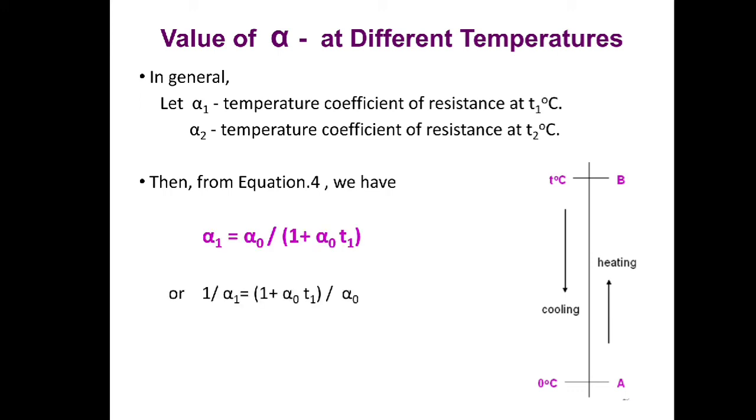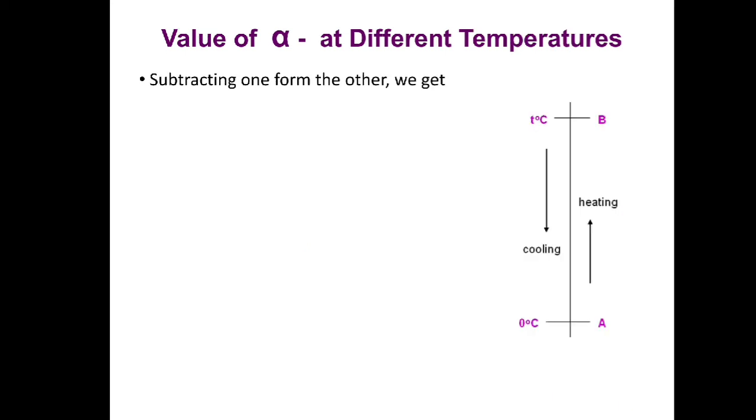From the above equation 4, we have alpha_1 is equal to alpha_0 divided by (1 + alpha_0 into T1), or inverse of this, 1 by alpha_1 is equal to (1 + alpha_0 into T1) divided by alpha_0. Similarly, 1 by alpha_2 is equal to (1 + alpha_0 into T2) divided by alpha_0.